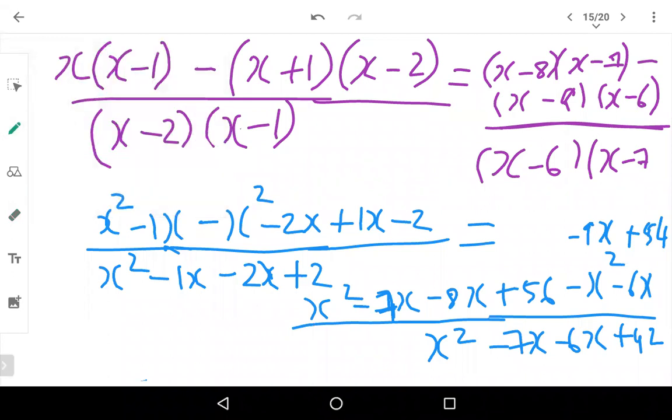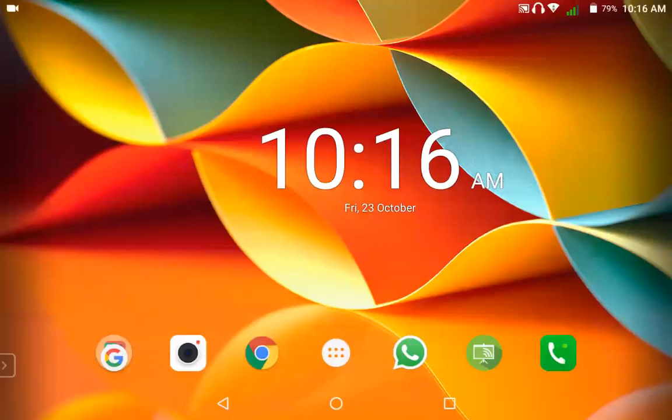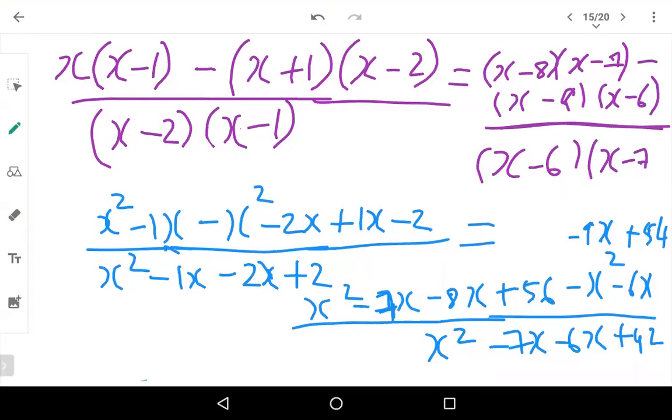Now let us see what all is there. X square, and then we have minus x square. If you see here, you have x square and minus x square. We have minus 1x and plus 1x. Now on to the other side, you have x square minus x square.